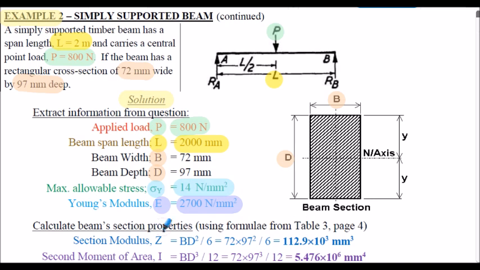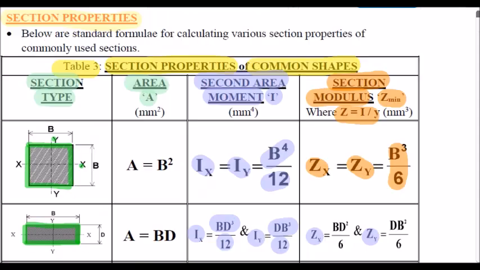So the first thing I'm going to do is to calculate the beam section properties using the various formulae from table 3 on our previous slide. So first of all, let's calculate the section modulus. That will be about the XX axis here. The section modulus is BD squared divided by 6.